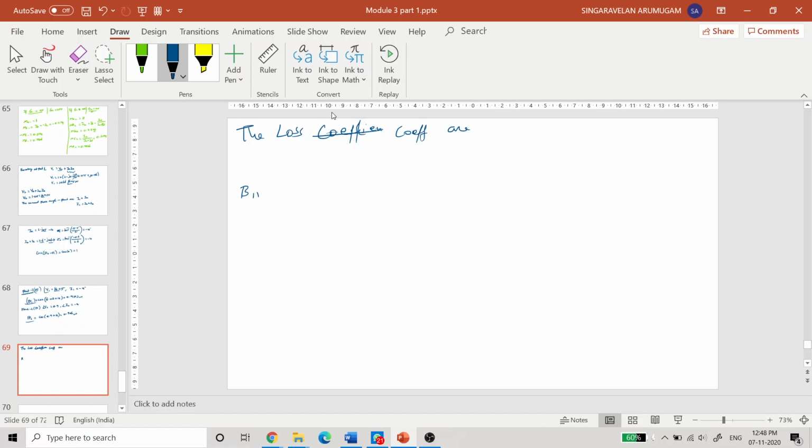We need to solve B11, that is nothing but 1 divided by V1 square and cos phi 1 square, summation of MP1 square and then RP. Here this summation will go for P, for A comma B comma C comma D, so there are 4 branches.